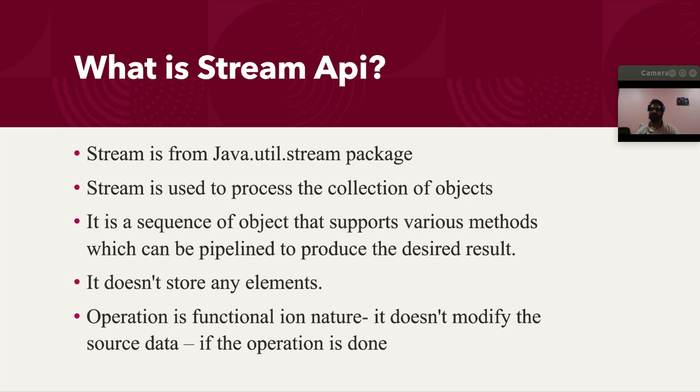The source data can be stored in a file, or in any type of collection or array, or come from the network, right? It does not modify it. It only works on that data and tries to produce the desired result. So this is about the Stream API which came under Java 8.